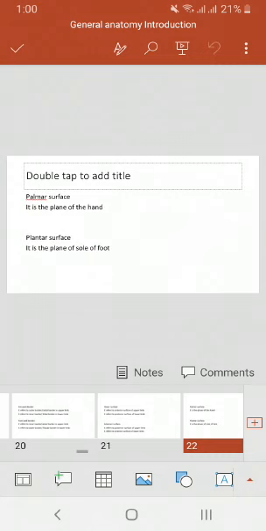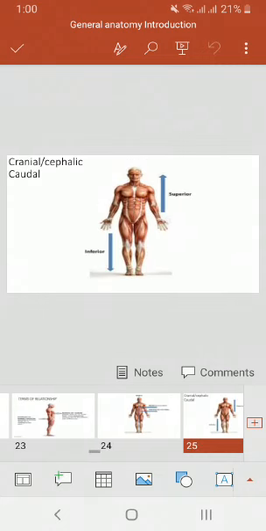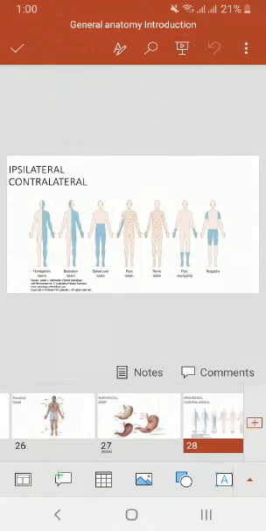This is the diagrammatic representation of ipsilateral and contralateral. Okay, this is the ipsilateral half of the body. The first diagram shows the ipsilateral half of the body, that is half of the same side of the face and half of the same side of the body.